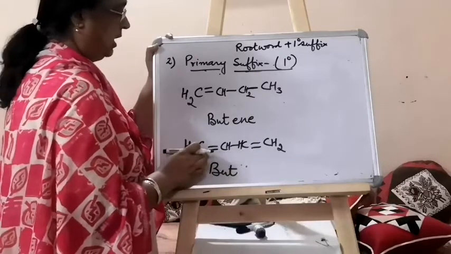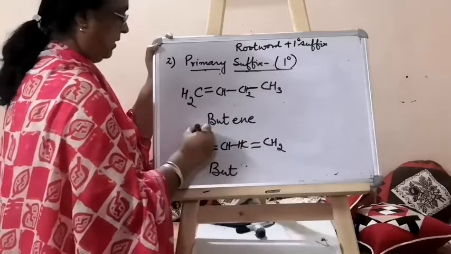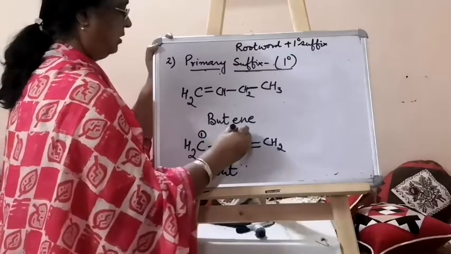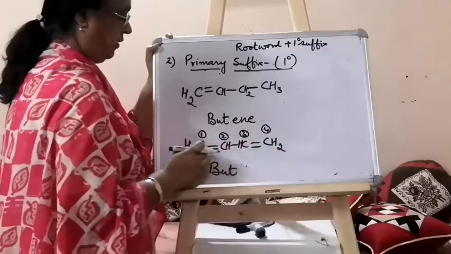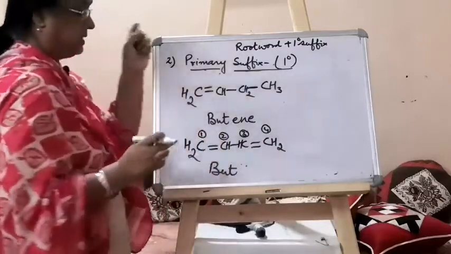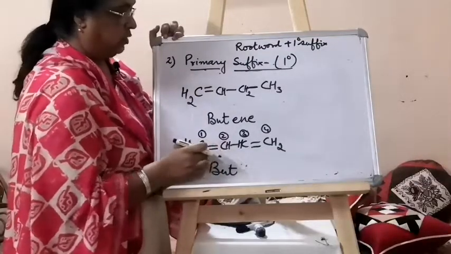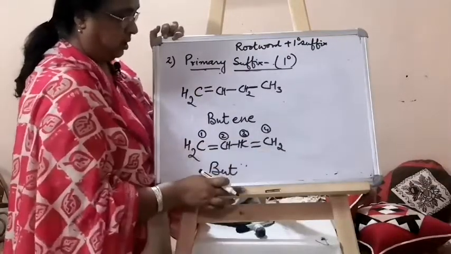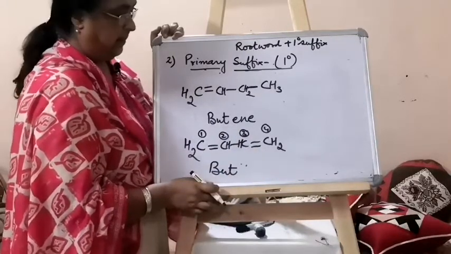Since it is on both terminals, you can start numbering from any side, 1, 2, 3, 4, or you can take 1, 2, 3, 4. A double bond is always present between two carbons, so to show its position, at what position the double bond is there.